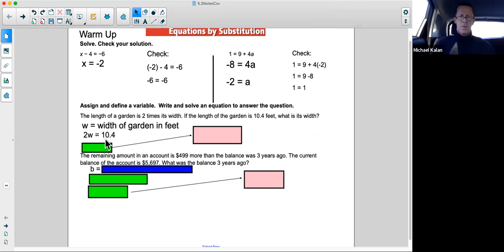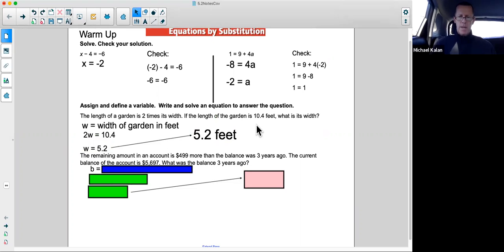Okay, so that means 2W equals 10.4, right? Because if we know that the length is 2 times the width and the width is W, that means 2W is equal to 10.4. And divide by 2, and so we get 5.2 feet. Obviously, you could check that. 5.2 times 2 is equal to 10.4.